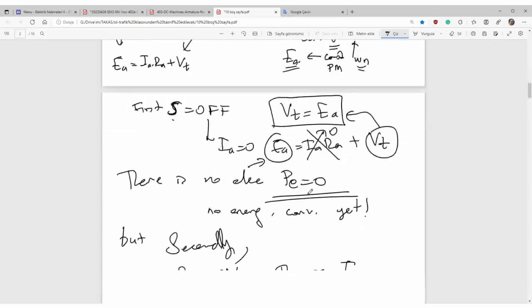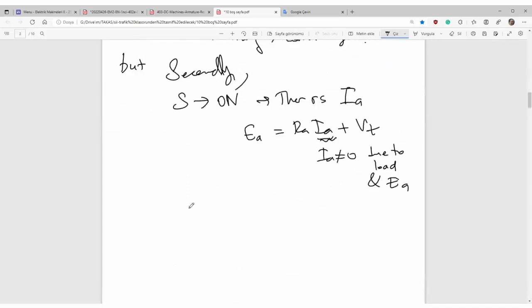Now multiply the equation by armature current. Armature current times EMF equals Ra times I squared plus Vt times I. What do you see?